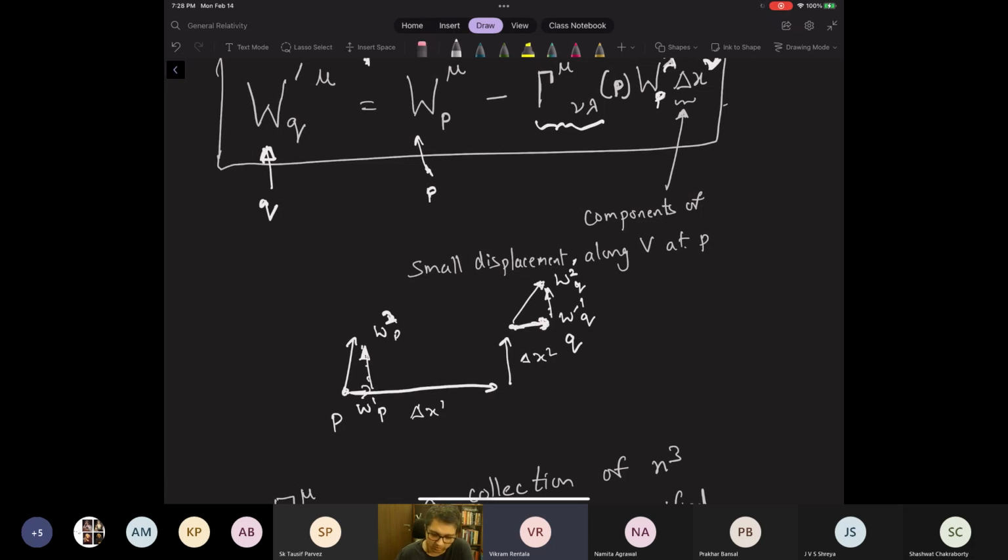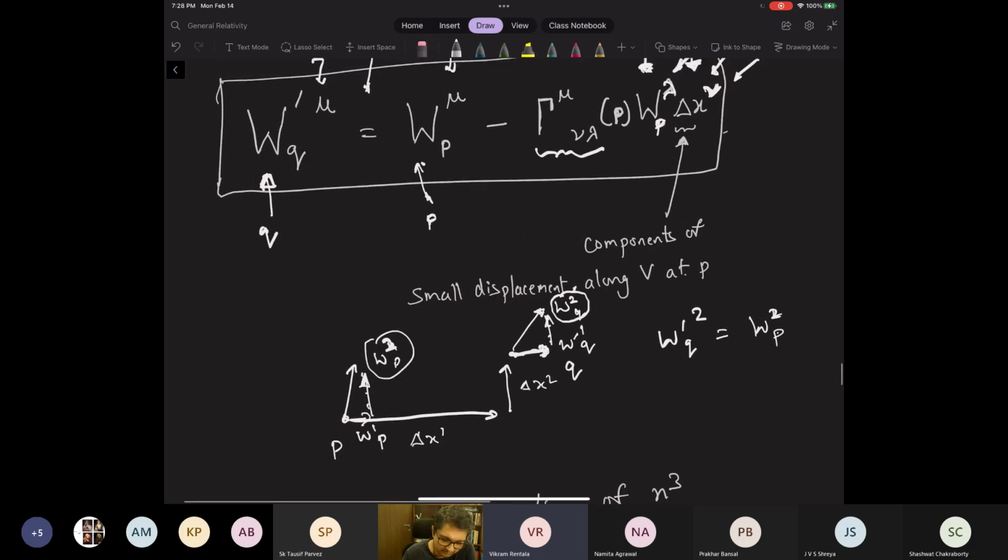Now we want a rule which relates the new component, let's say the W prime 2 at Q component, to the original W2 at P, the second component of W at the point P. We're saying that these two are the same, except that you can also have some extra change in this vector, and that extra change is proportional to either delta x1 or delta x2.